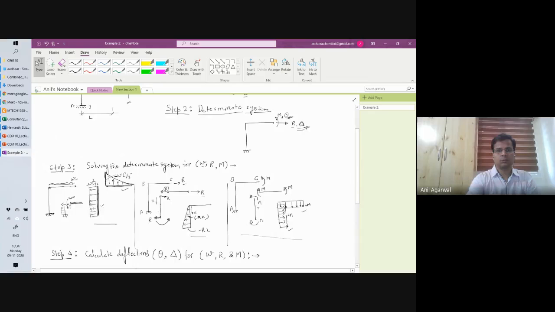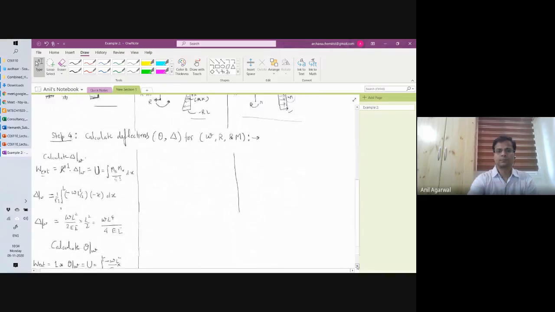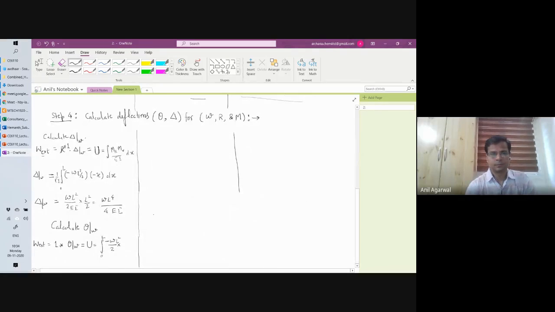This one was minus W L square by 2 here. This is minus W L square by 2. But this one has plus M. And now M is the virtual load, right? So M is equal to 1. So that is plus 1, multiplied by 1 dx by EI.